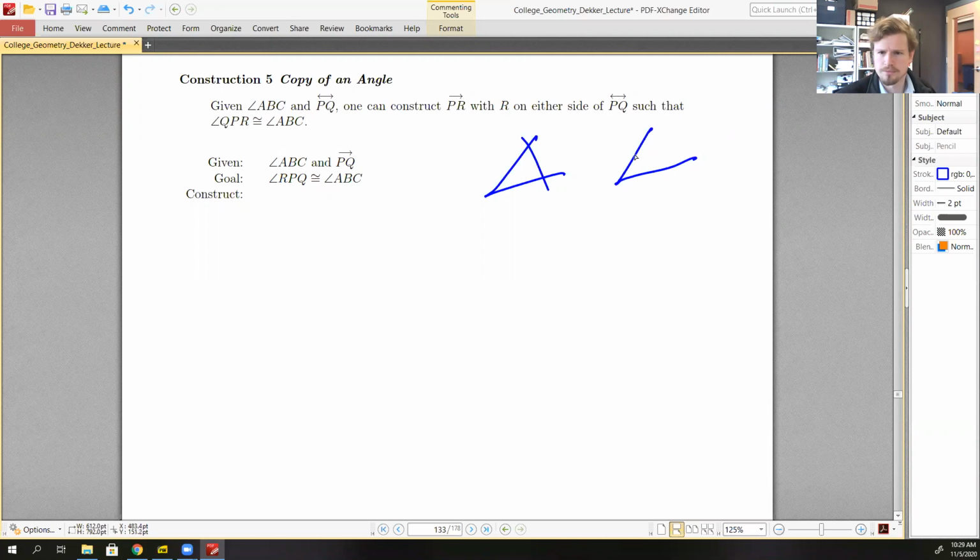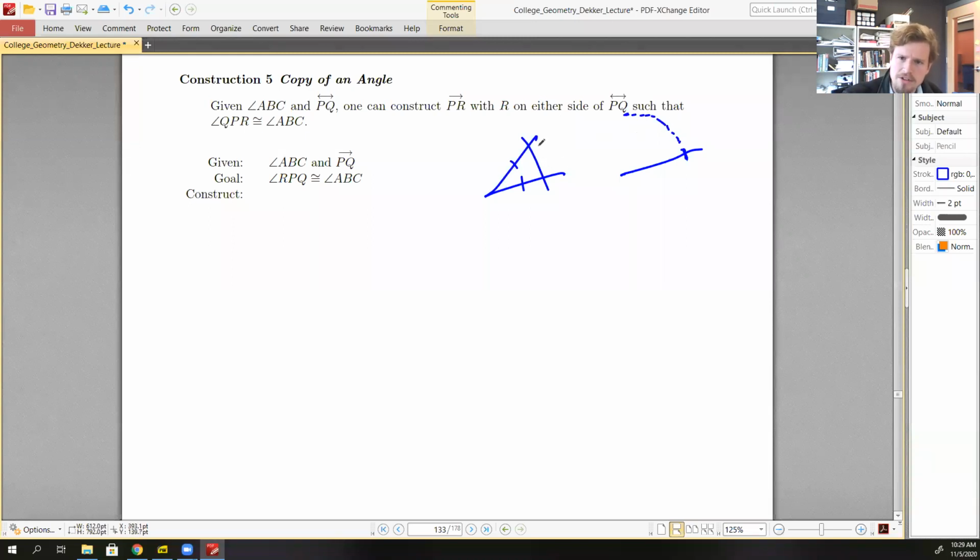If I were to consider just a single line, then I can copy this distance here, and if I choose it very wisely so that these two sides are the same, then I can say this other side has to intersect somewhere over here.